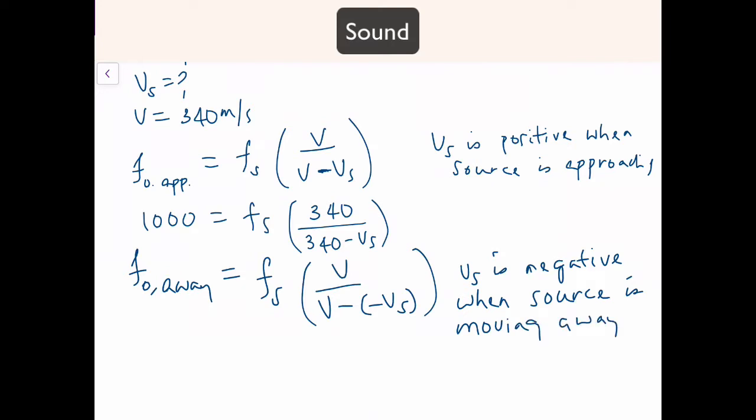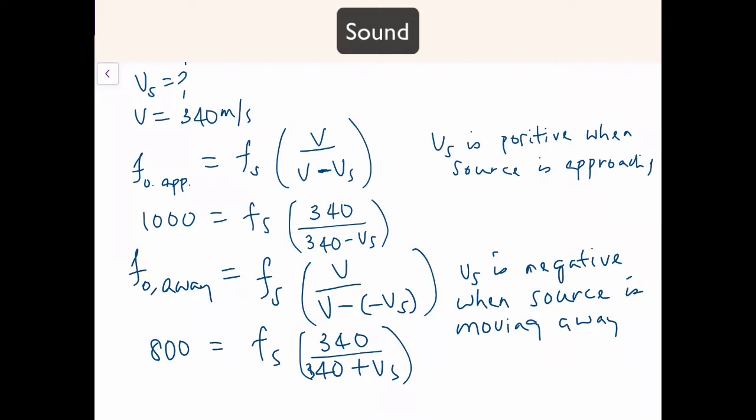So when that happens, you are hearing 800 for the same fundamental frequency of the train, v is 340 again, but you will have plus vs. Minus of minus will give you a plus.